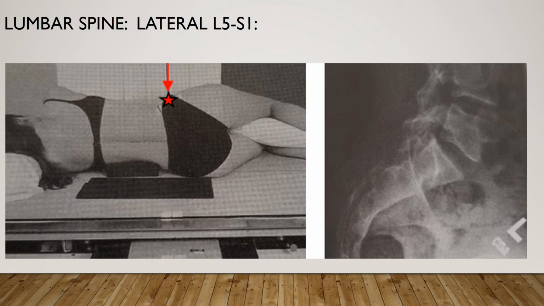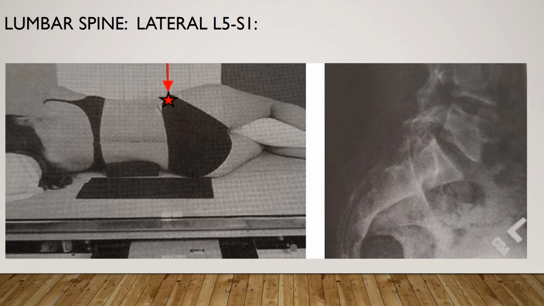Lateral L5S1, what we usually call the cone down, is an SID of 40 inches. The patient is going to be lateral with the hips and knees flexed. You want to center the mid-axillary line of the body to the table, extend the arms forward, and place a radiolucent support under the lower thorax and adjust the spine parallel to the table.